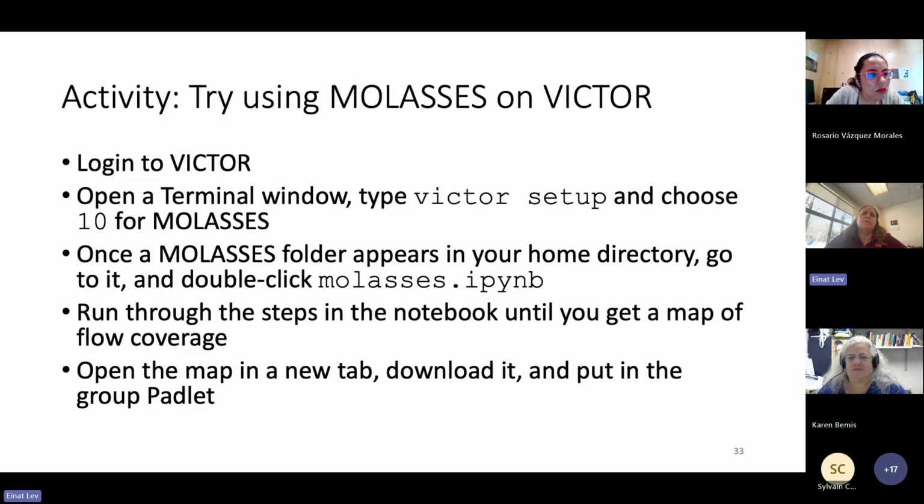Do you have a result? Yeah. Okay, so the easiest way to copy that is to right-click on the map and then open it in a new tab. I think with Mac you have to do a double click on it. I'm not familiar with Mac. Yeah, it's a command click or something, because on Windows it's Shift and then right click, but I think on Mac it's a double tap or something like that.